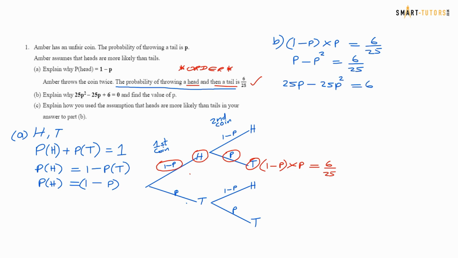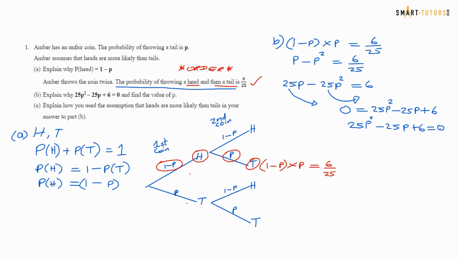Bring everything to one side: minus 25p squared goes to the other side as 25p squared, and 25p goes to the other side as minus 25p, and plus 6 equals 0. So that is the answer: 25p squared minus 25p plus 6 equals 0.